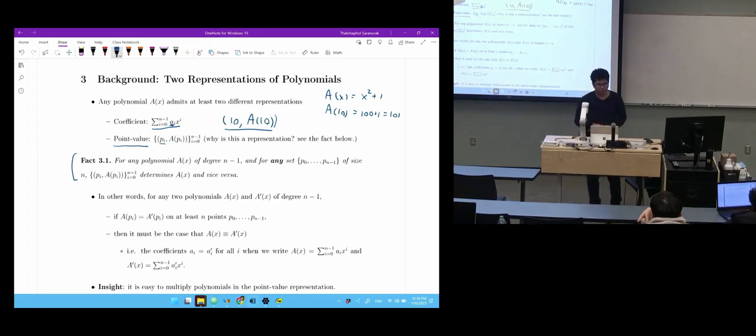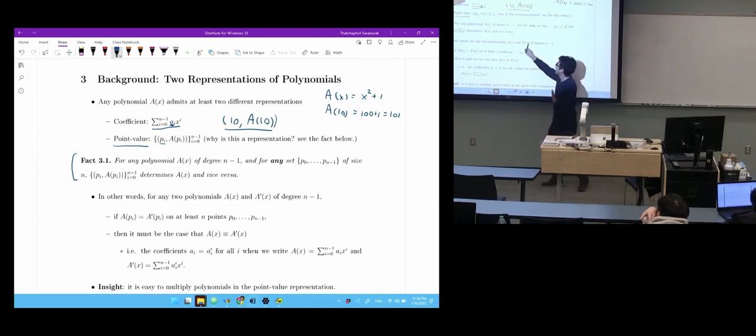Another way to put this is that suppose you have two polynomials, A and A prime, and you have access in a black box where you can only evaluate them. You don't know anything else. But you have a promise that they have small degree, at most n minus 1.